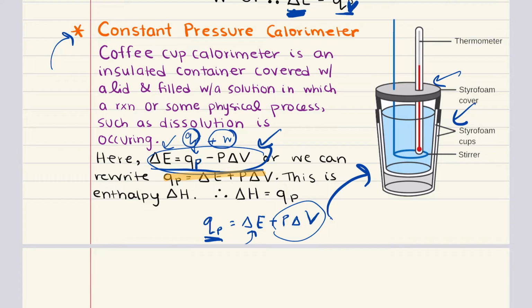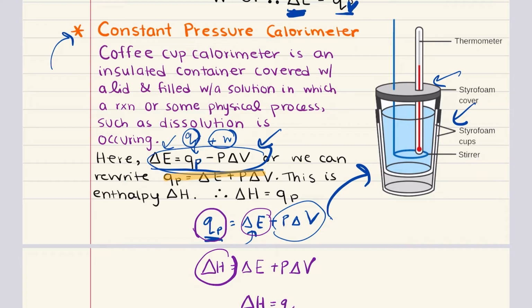Enthalpy is represented by the letter H. It is also a state function, just like delta E, just like internal energy, and it can be expressed as delta H is equal to delta E plus P delta V. Now, this also allows us to say that the definition of enthalpy exactly matches the definition of QP. So delta H is equal to QP under constant pressure conditions.